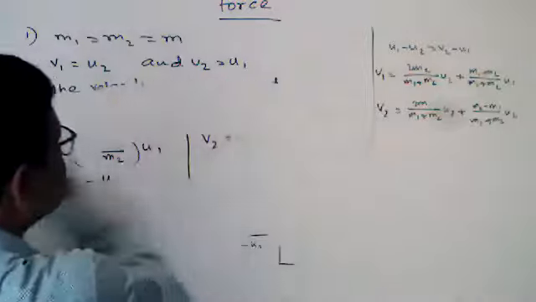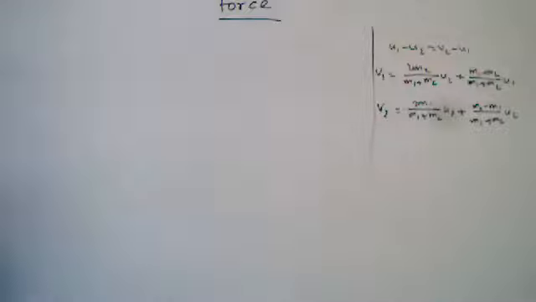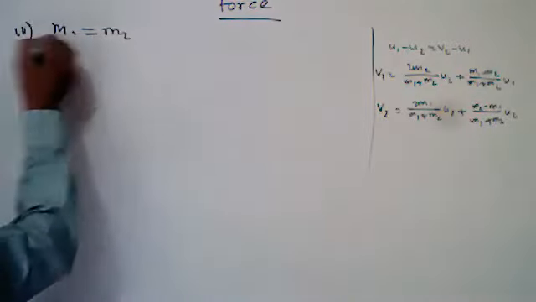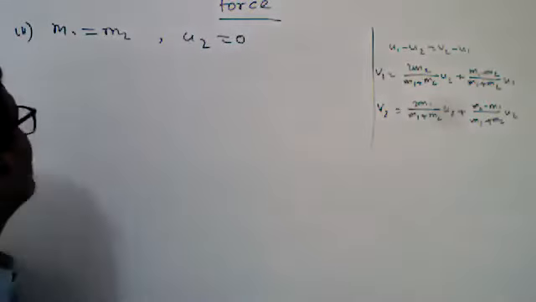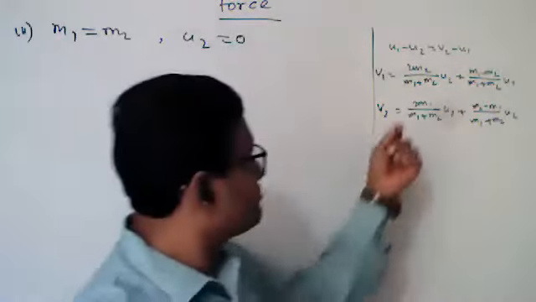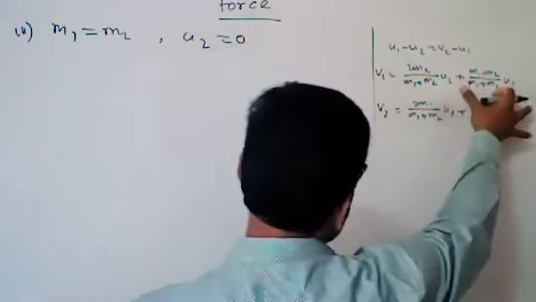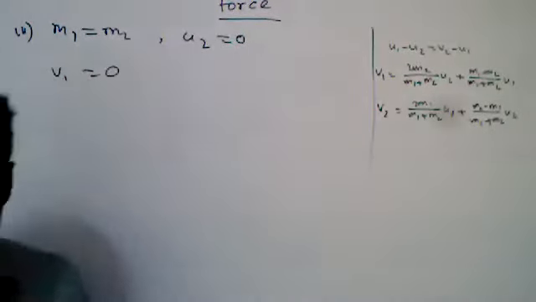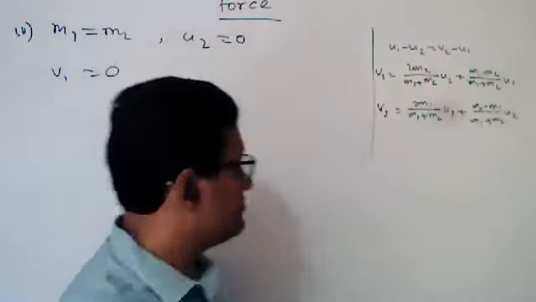Condition number 3: if m1 equals m2 and u2 equals 0, that means the second object is at rest. So with m1 equals m2, the terms become 0, so v1 will be 0.